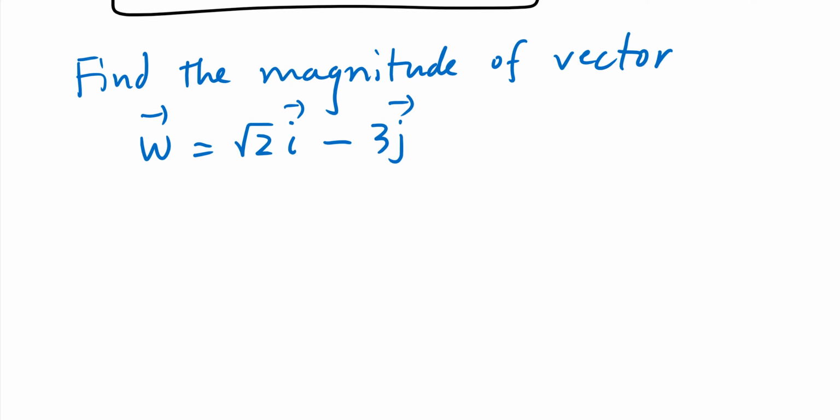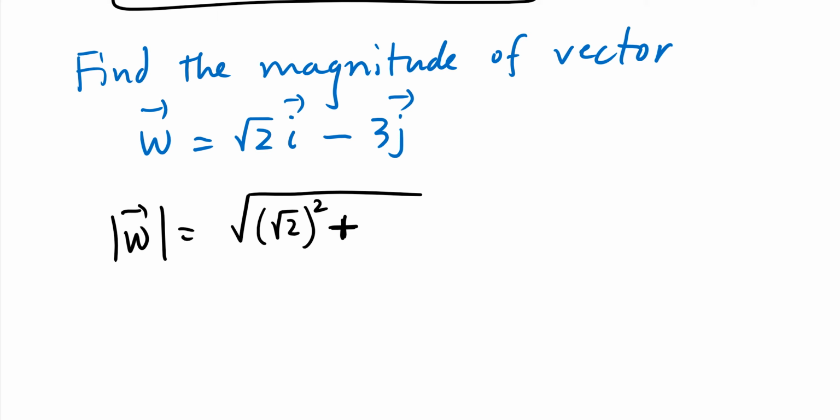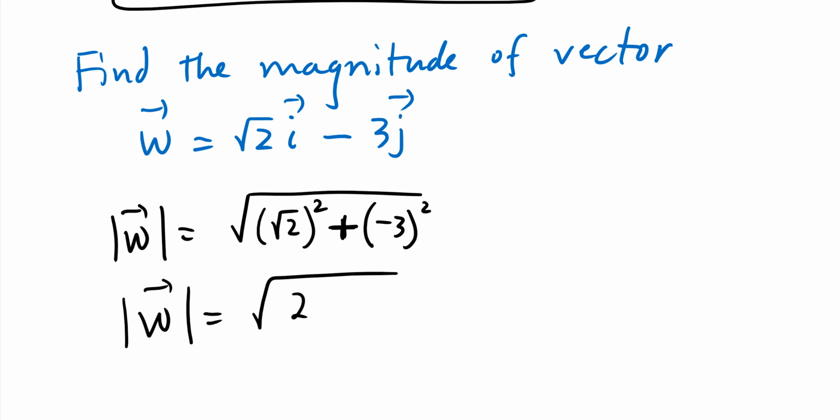So how do you find the magnitude for this? The magnitude of w is the square root of the first component squared, no i, no j, and always plus, because of the Pythagorean theorem, negative 3 squared, no i, no j. So then the magnitude of w is given as 2 plus 9. So the magnitude of w is the square root of 11.